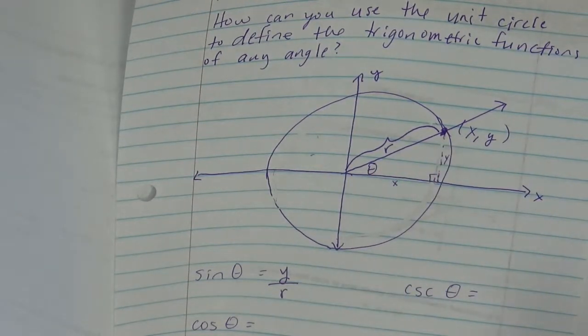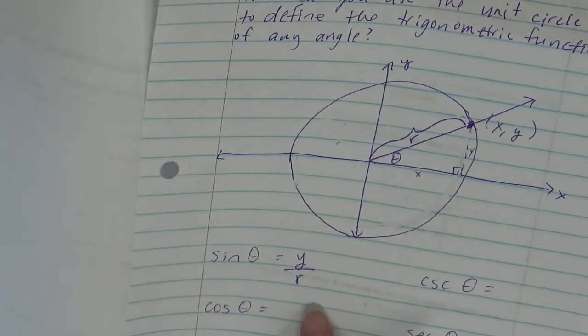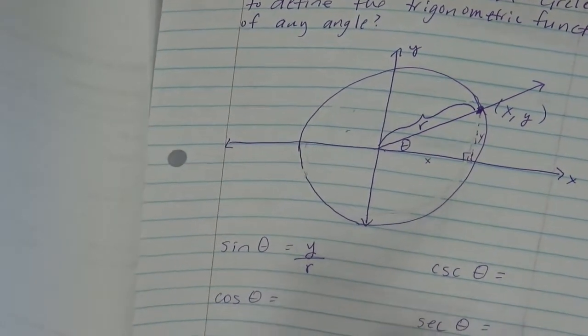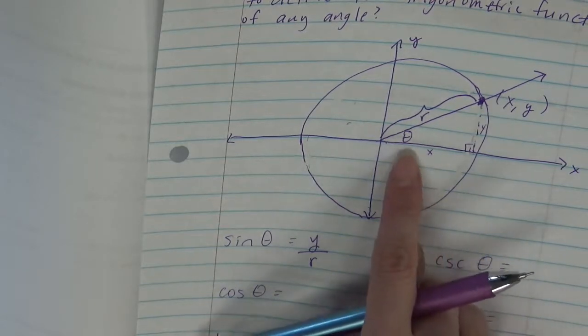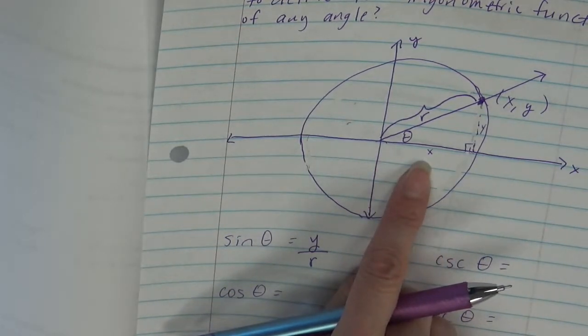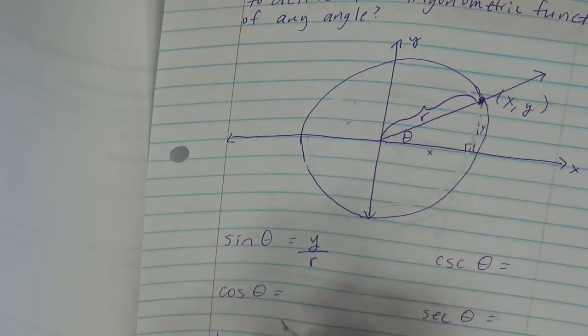So sine theta equals y over r. These definitions can be used for any triangle. Cosine theta was adjacent over hypotenuse for a right triangle. Adjacent to angle theta is side x, and my hypotenuse is my radius r. So cosine theta equals x over r.